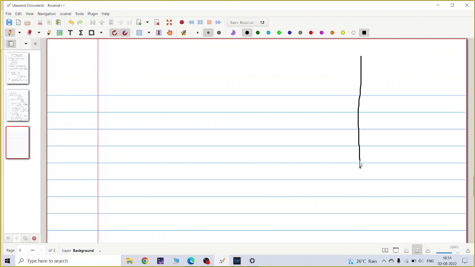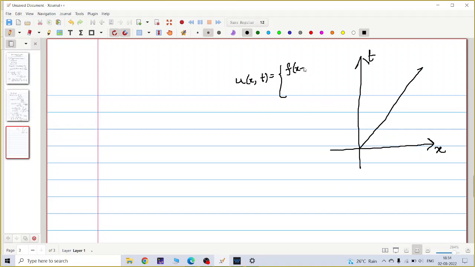So first of all, let me draw again x and t, and here the x equal to t line. The question is giving that u(x, t) is f of x minus t whenever x is greater than or equal to t, and g of t minus x whenever x is less than t.